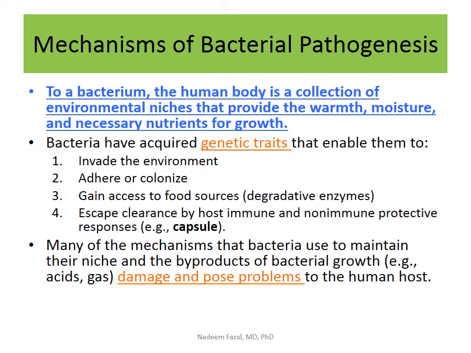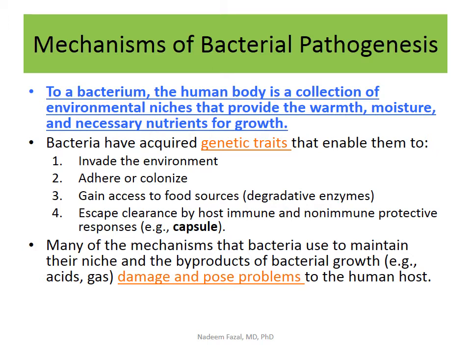But also keep in mind that whatever is good for bacteria is bad for us. So they find a nice place to live on, but at the same time, in their metabolic pathway, they produce acids and gases, and that may be troublesome, and it may pose a problem at the minimum, or at the maximum cause damage to our tissues.